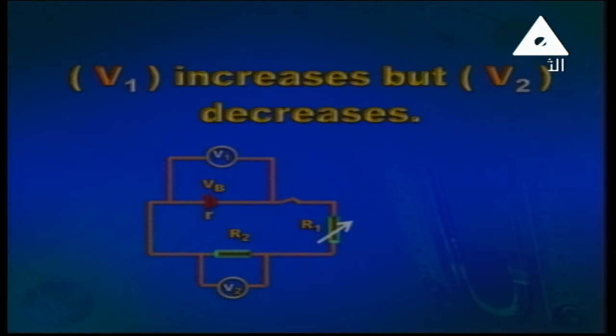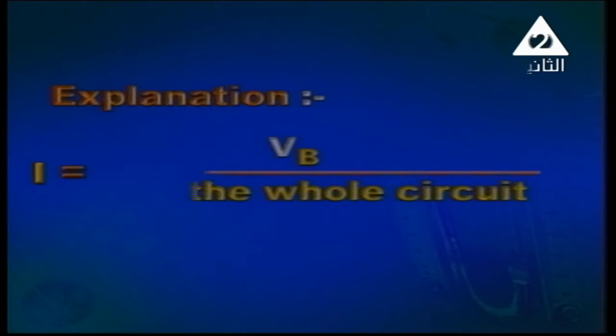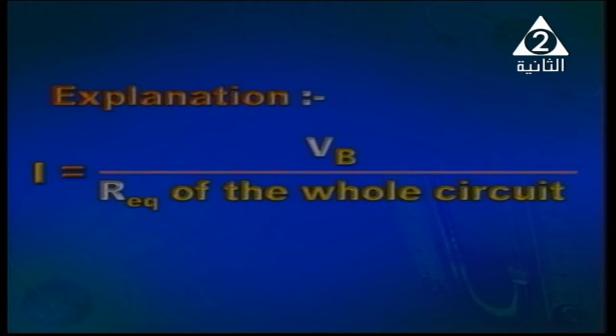And let's explain it. Since the current through the battery is calculated from V battery over R equivalent of the whole circuit, and V battery is constant, we've got an inverse relation between the current and R total.